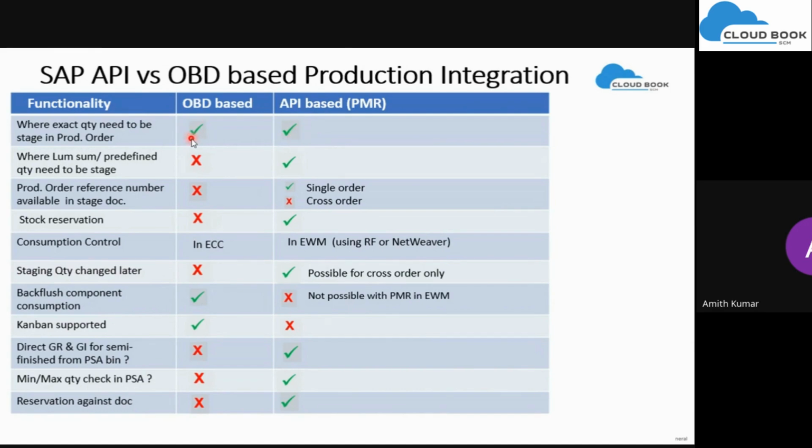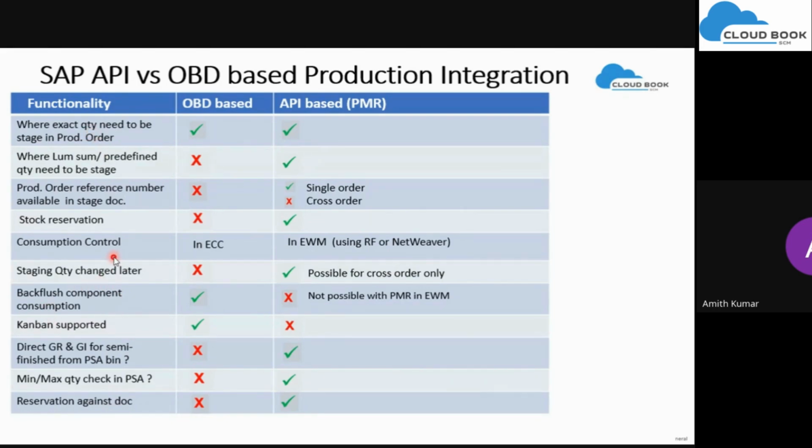And in case of outbound delivery based, obviously the quantity for which the outbound delivery is created, we have to stage the components according to that. That's why it's activated in both the blocks. Then there are a lot of things. We will not go through all the points in detail, otherwise it will take a lot of time. But these were the important ones.